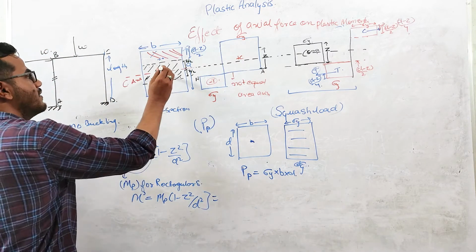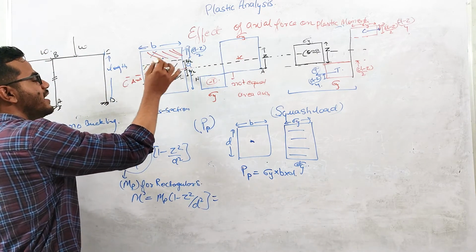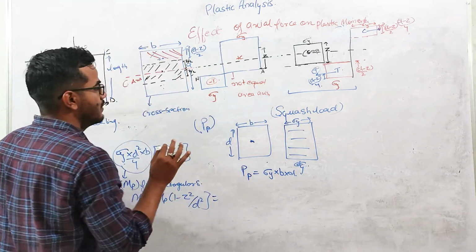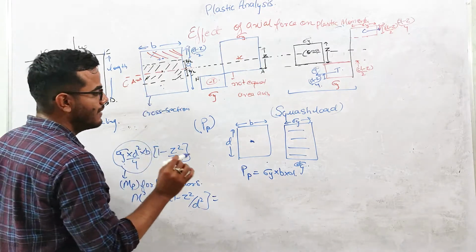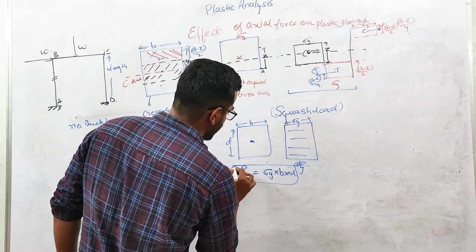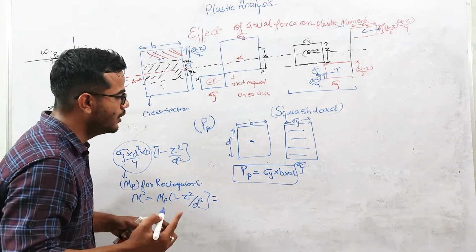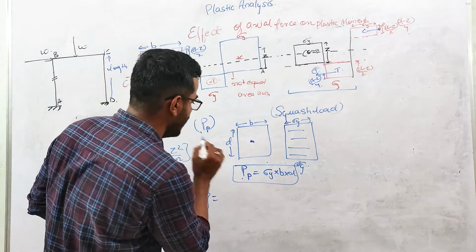You are applying this load at the center, and it is generating a uniform stress distribution sigma y all over the structure, right? So each fiber has yielded. So this load is called the squash load, in which each fiber of the cross section is yielded due to the axial force PP, not due to moment.